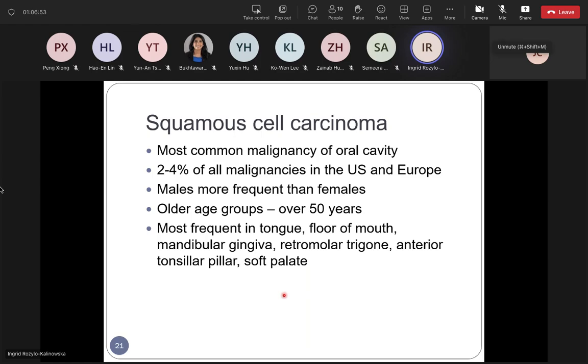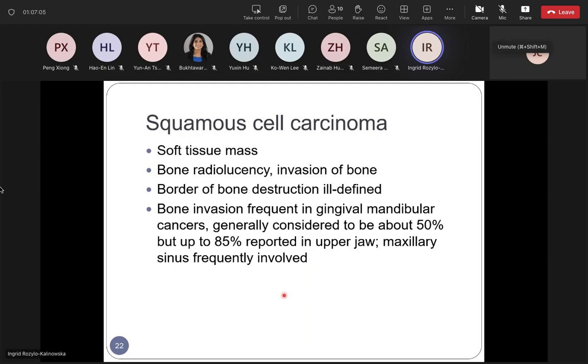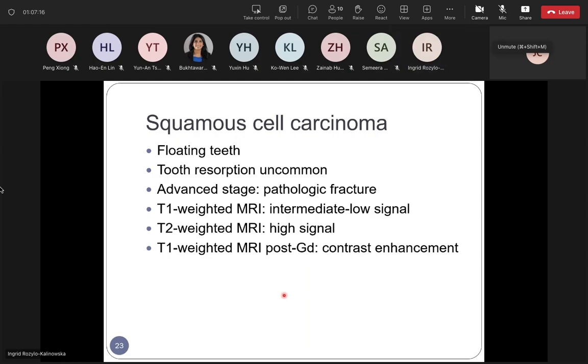And so squamous cell carcinoma is the most prevalent of the malignant tumors of the head and neck. In this kind of cancer, there is radiolucency, bone invasion, and a soft tissue mass, and it can be found in different parts of the oral cavity.